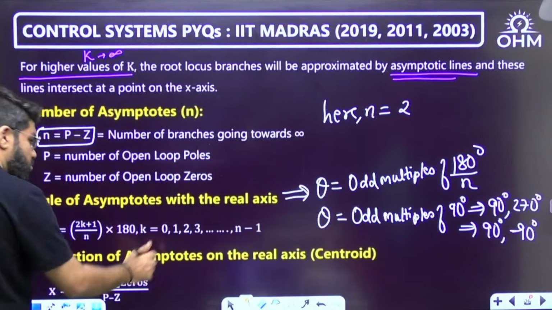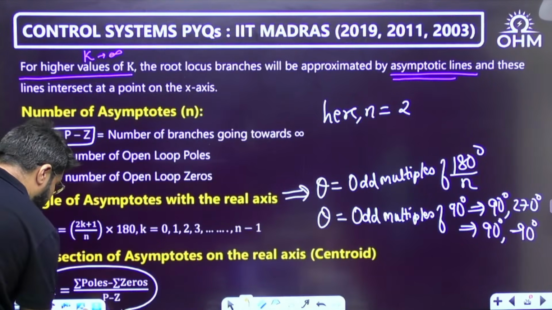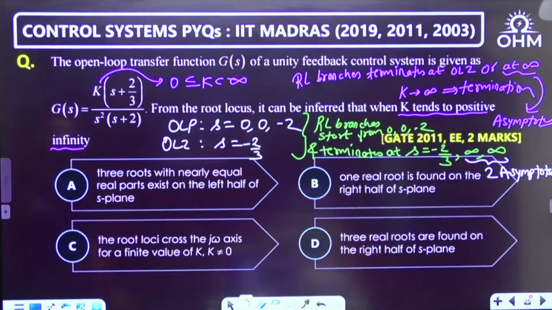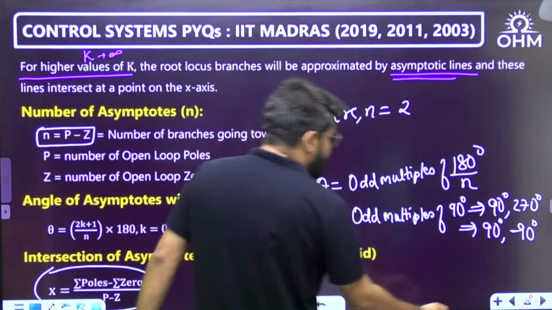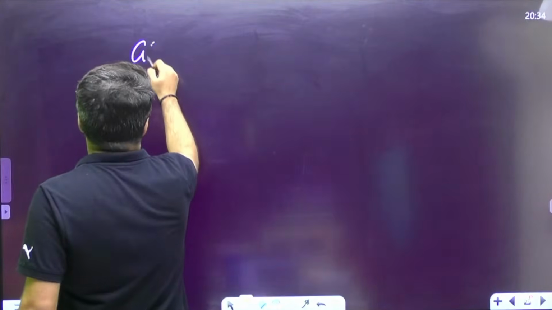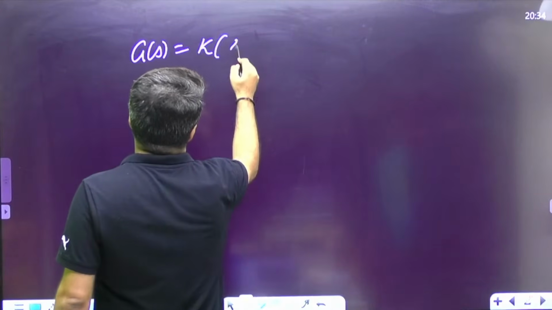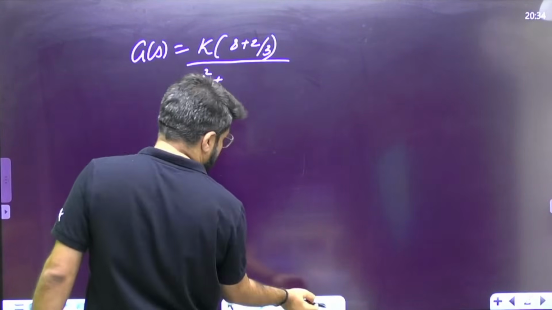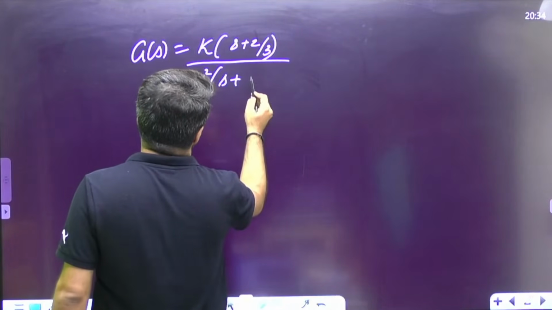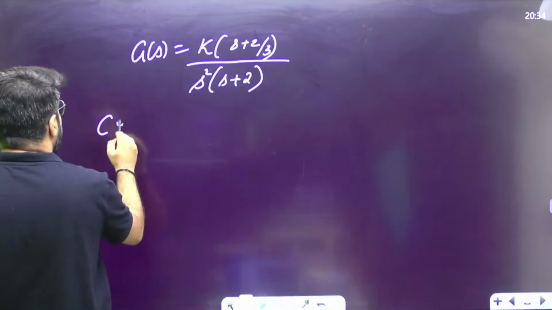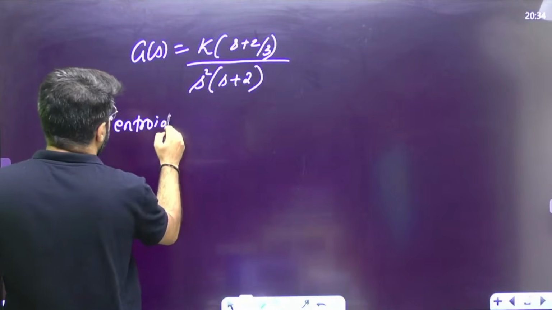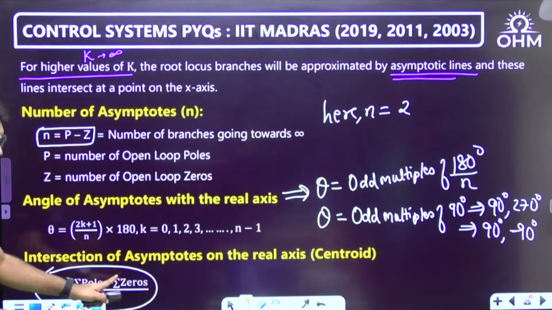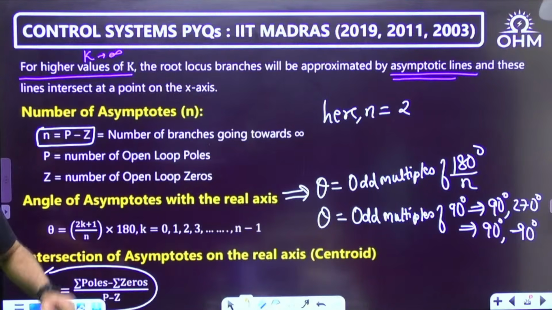Where the asymptotes intersect on the real axis is the centroid: summation of poles minus summation of zeros upon p minus z. Now for this question, G(s) is K(s + 2/3) upon s² into (s + 2). The centroid of the root locus will be x equal to the summation of all poles minus the summation of zeros divided by p minus z.